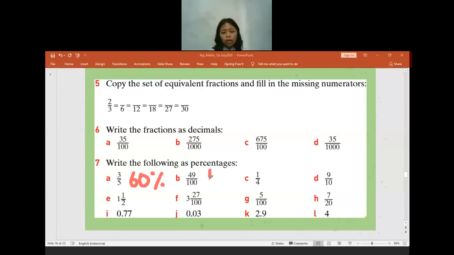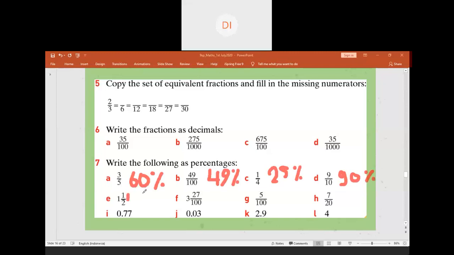25%, 49%, 90%. Okay. 150%. Wait, give me time to write it. After 90%, how many is it? 150%. After that, 327.5%.